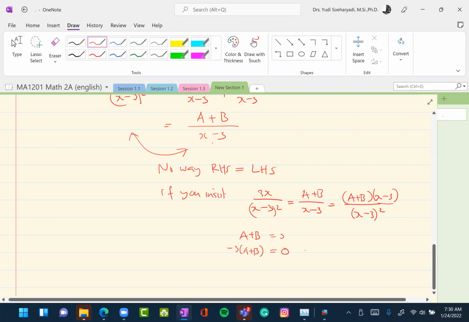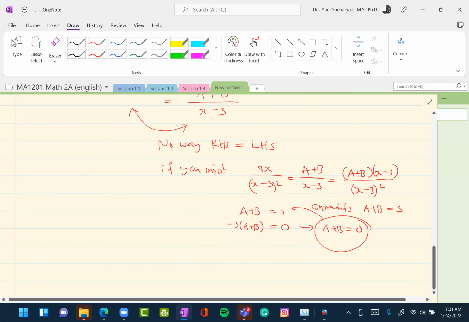From here you get a plus b equals 0, because negative 3 times something should be 0. Then that something should be 0. But if this should be 0, then it would contradict this one. So this is impossible to do.